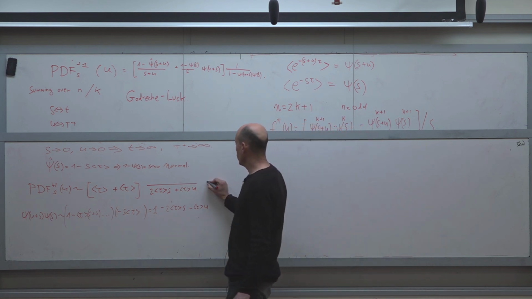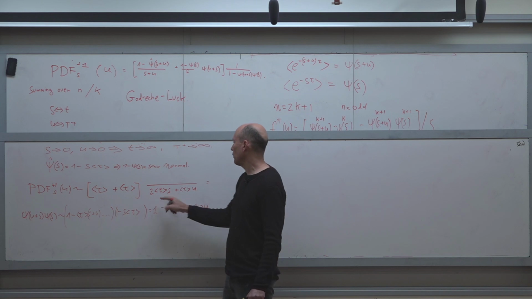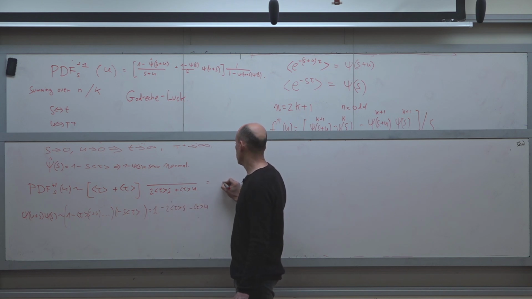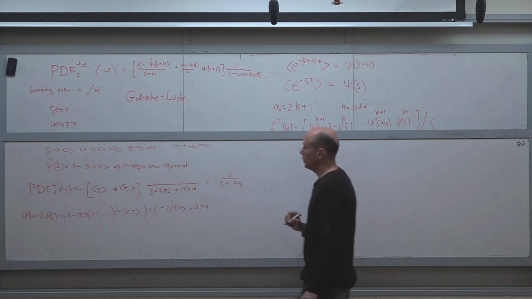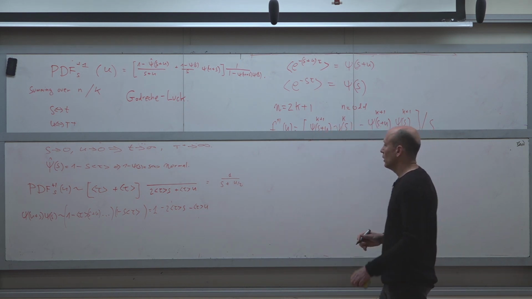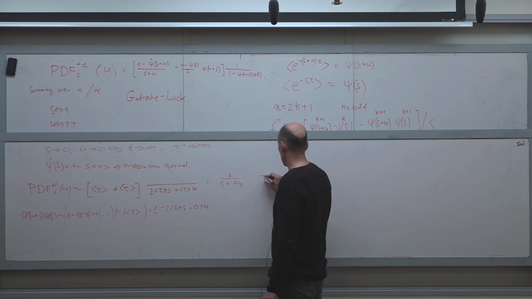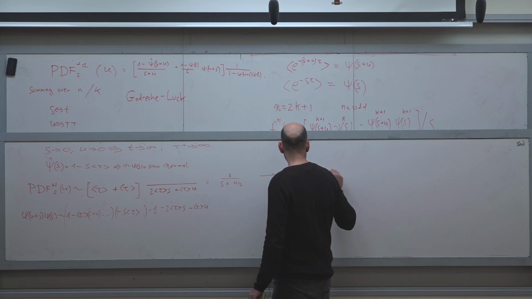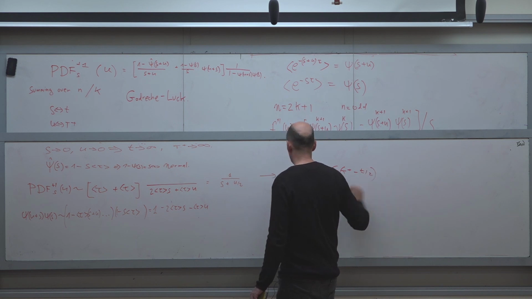And here I get the following. You see here I have 2 tau, here I have 2 tau. So this is equal to s plus u over 2. If you translate this, the PDF of t plus is simply a delta function at t over 2.